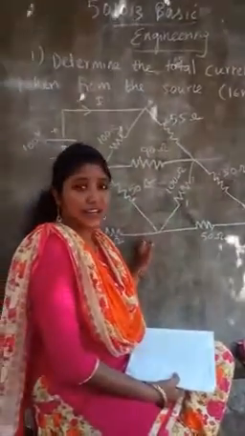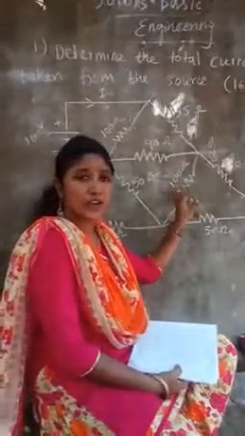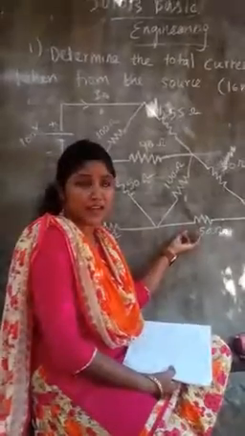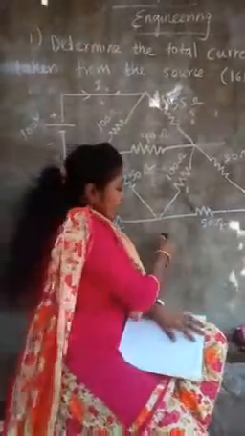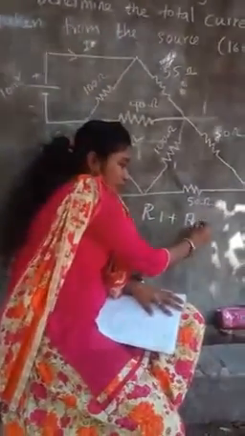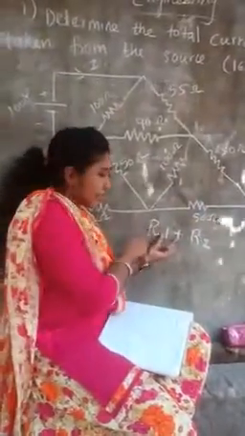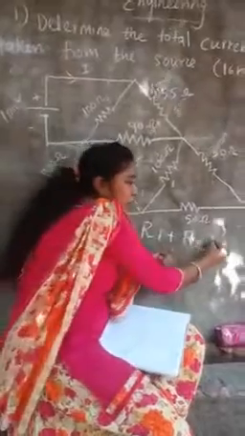So what is the condition here? The circuit is full of resistances, so you have to apply the rule, whether it is series or parallel. When resistances are connected in series, the procedure is R1 plus R2. That is, when two resistances are in series, you add both resistances. This is for series.